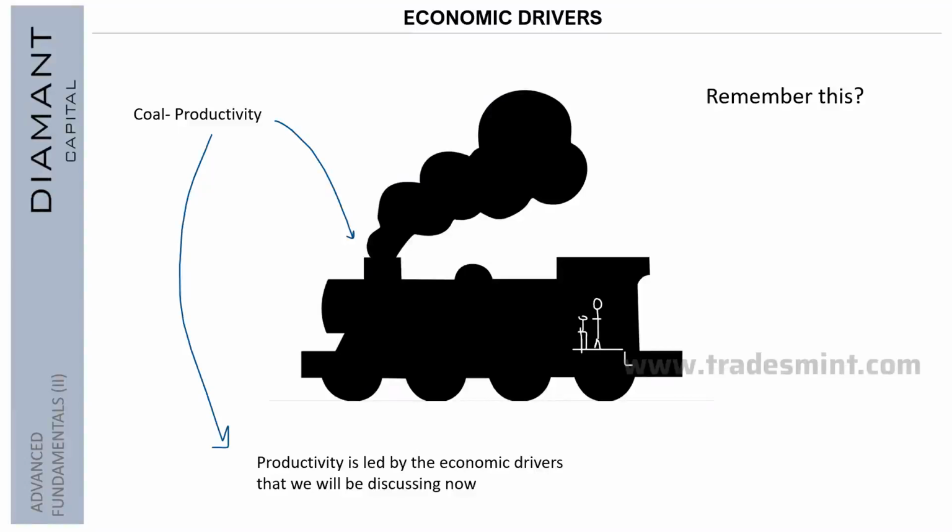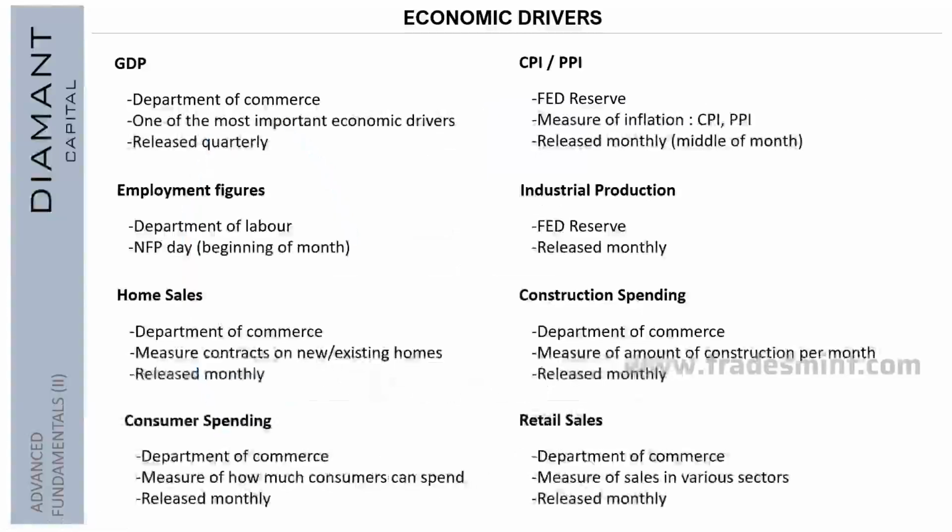We've talked about the inflation side of things, but we haven't talked too much about productivity. Of course, we've talked about GDP, CPI, everything like that. But when it comes to productivity, you need to understand the different types of economic drivers that occur in the economy.